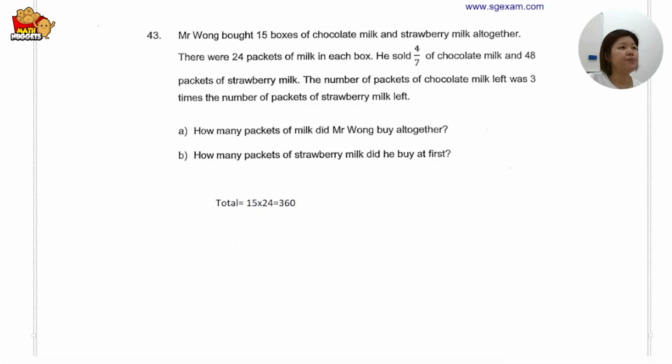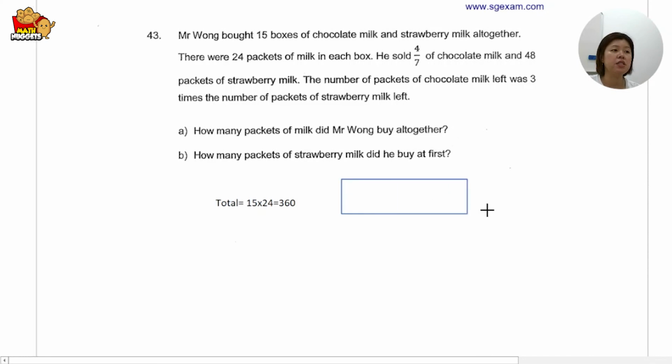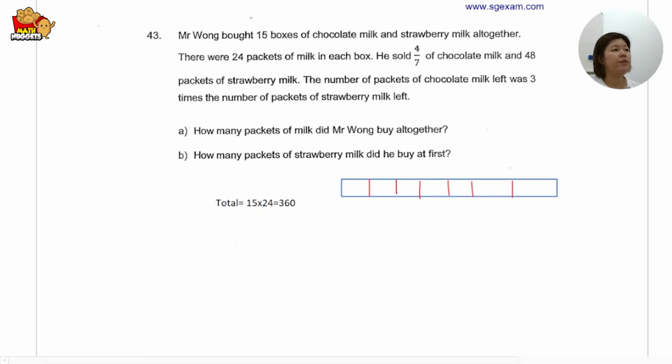Okay, so I can draw a model for my chocolate milk first. Chocolate milk is 7 units. So I sold 4 units. And then my strawberry milk, I do not know how many is it, but I know my chocolate milk was 3 times of my strawberry.